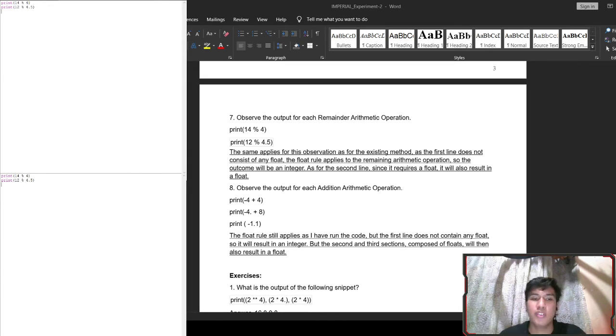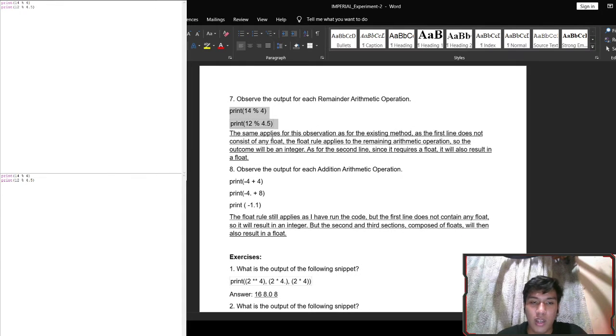The second line is 3.0. This observation applies for the existing method, as the first line does not consist of a float, and the float rule applies to the remaining arithmetic operations so that the outcome will be an integer.